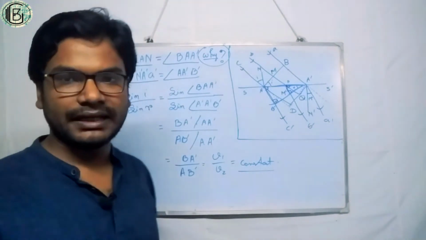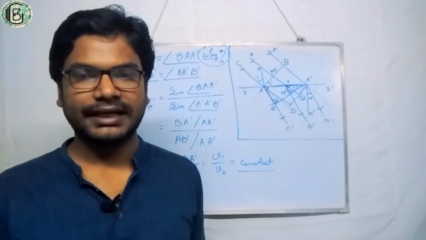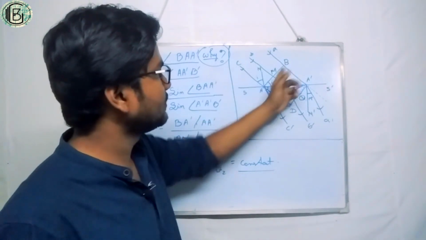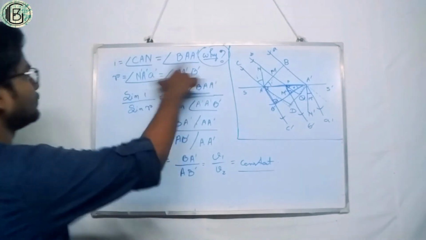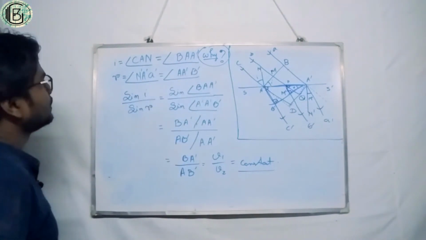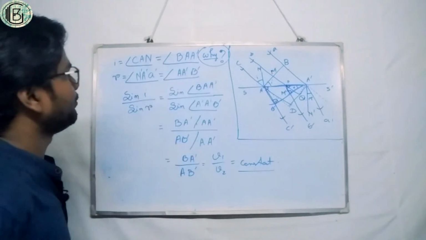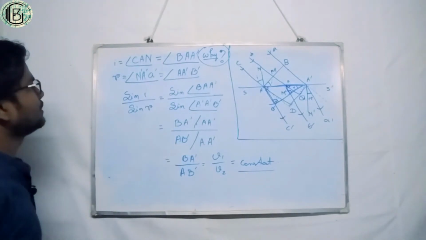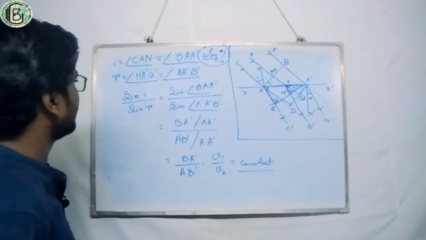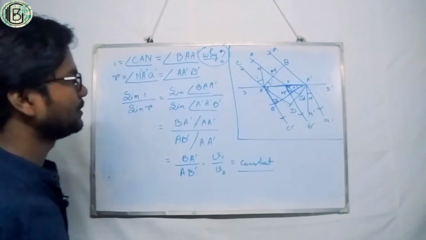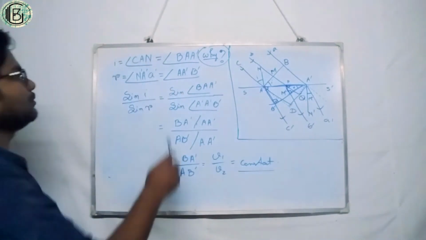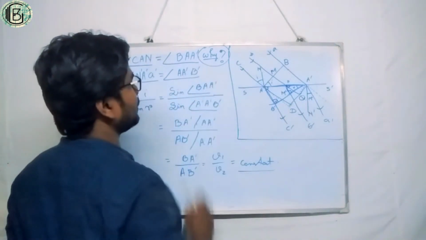So these two angles are both I, the angle of incidence. If this is I, then this is also I. So we can write I equals CAN equals BAA prime. Now for R, N prime A prime a prime equals A prime B.